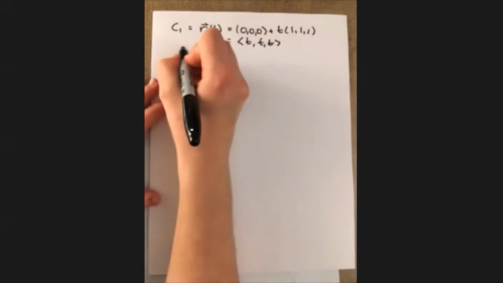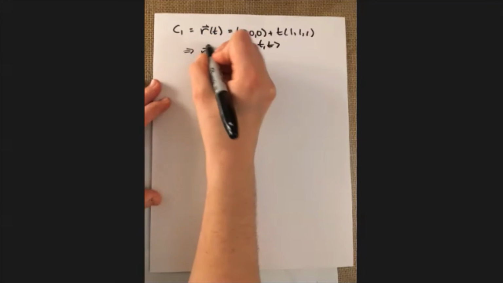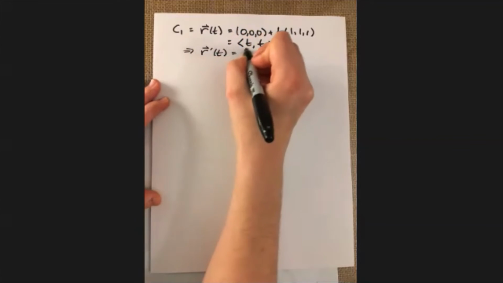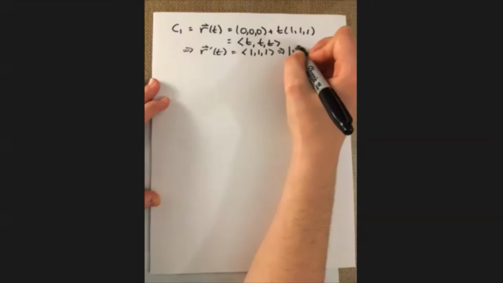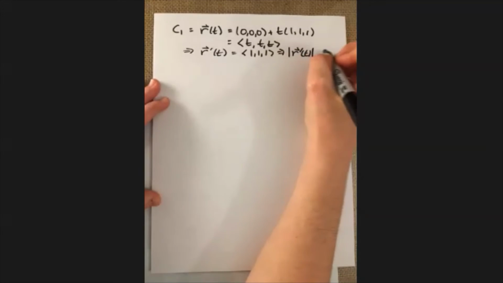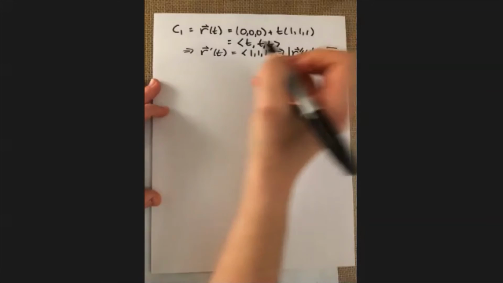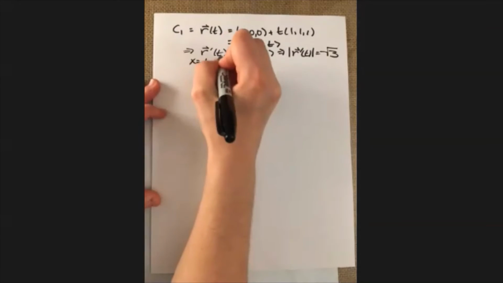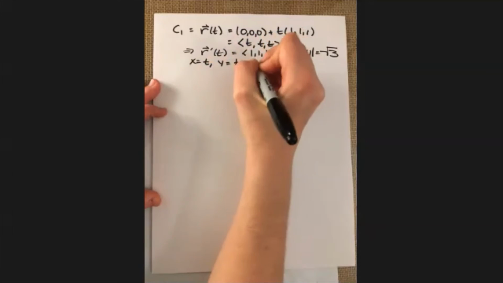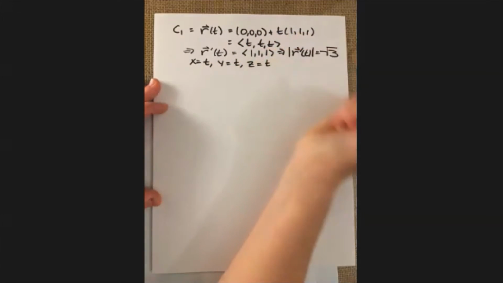For that one, r prime of t is just (1, 1, 1), which means the length of that derivative is root 3. We also note that x is equal to t, y is equal to t, and z is equal to t in this case.